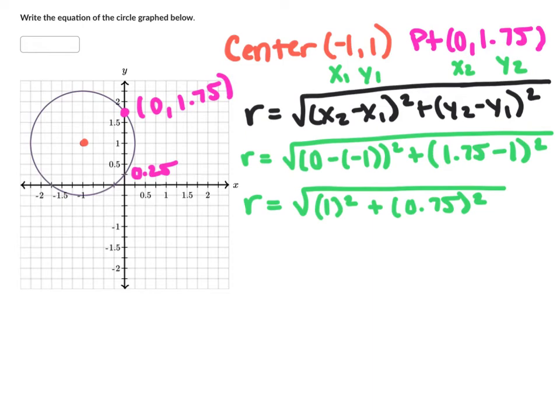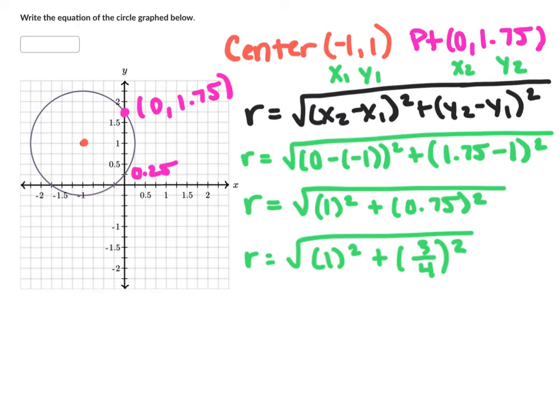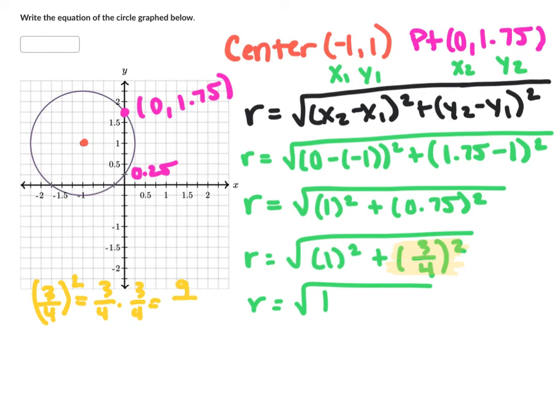So rather than leaving it as 0.75, it's still 1 squared, and 0.75 is really 3 over 4. So now if we continue to simplify, 1 squared is 1. And 3/4 squared is 3 over 4 times 3 over 4, which gives you a value of 9 over 16, which can't simplify.